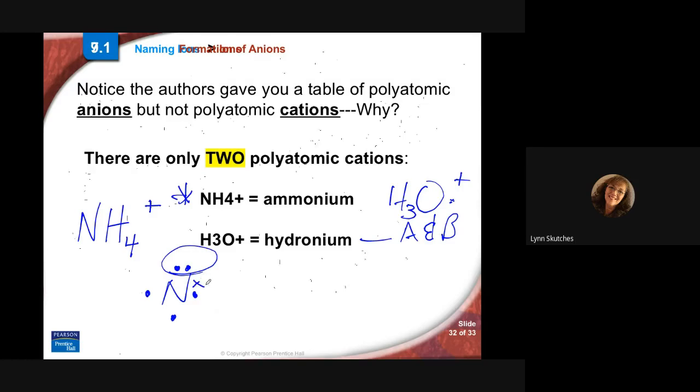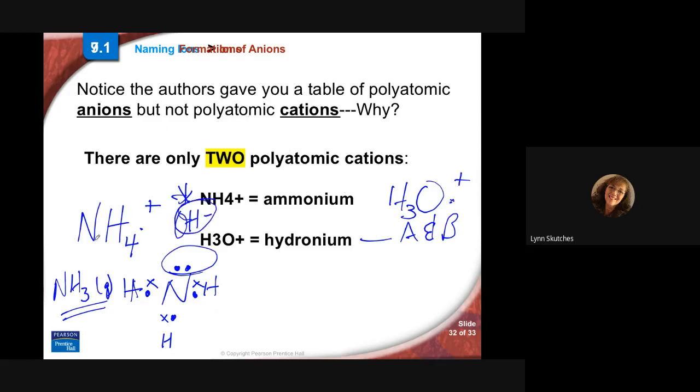If you recall, I think I talked to you about ammonia. Ammonia is a gas at room temperature, and it is not charged. It's a compound. Okay? When you percolate this gas through water, it makes ammonium and another ion called hydroxide, which we don't need to talk about just yet, but I just want to point that out.